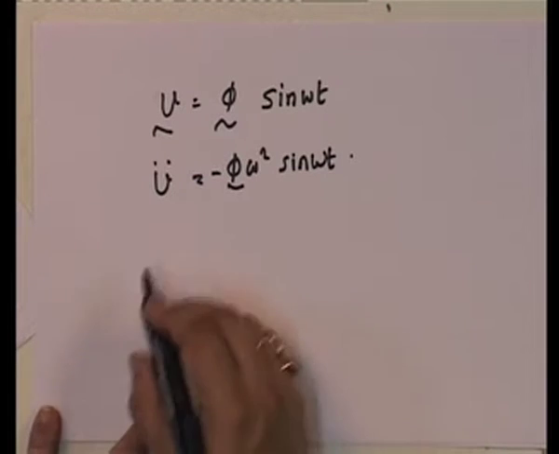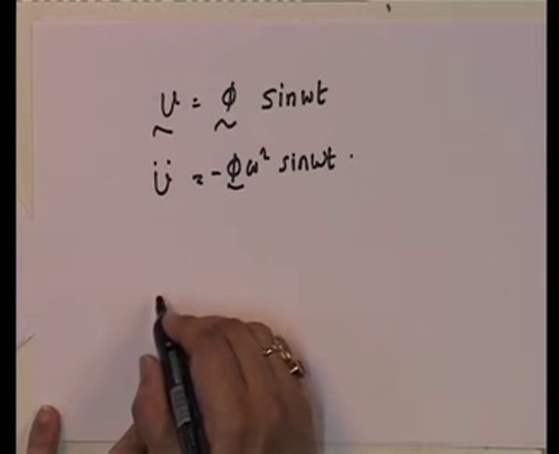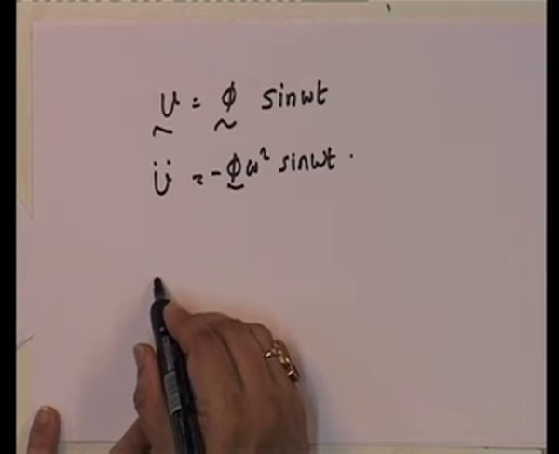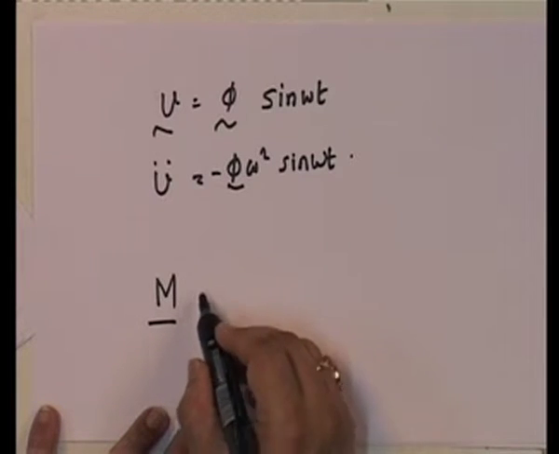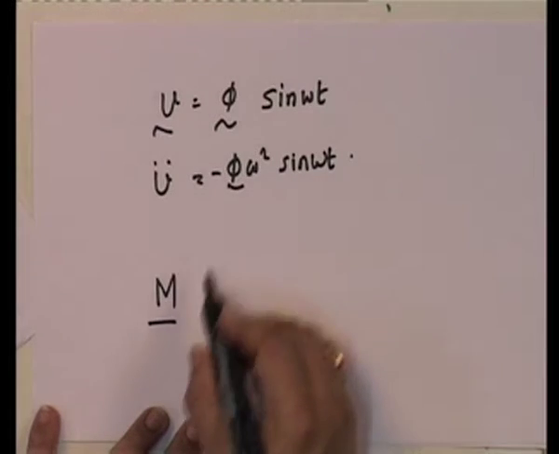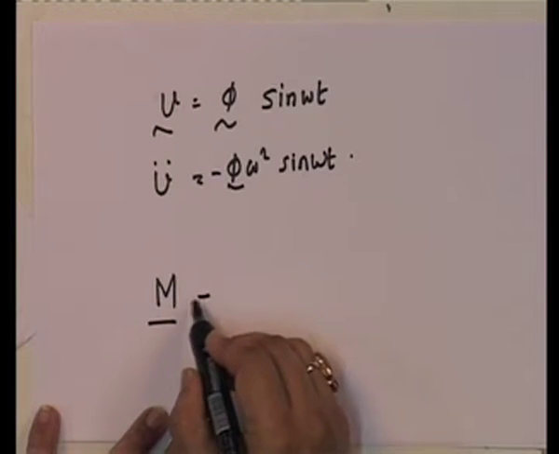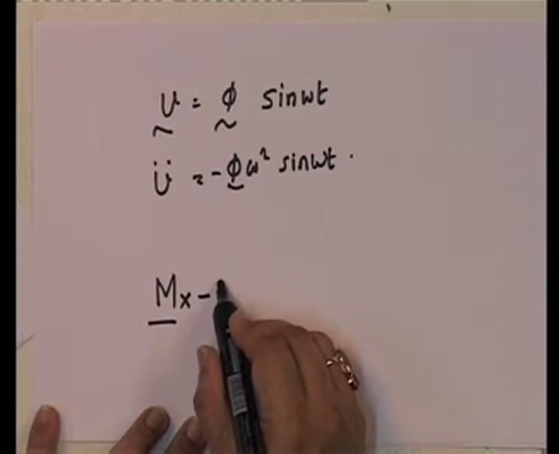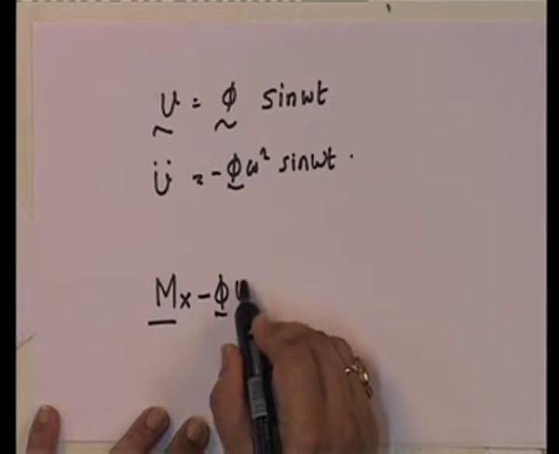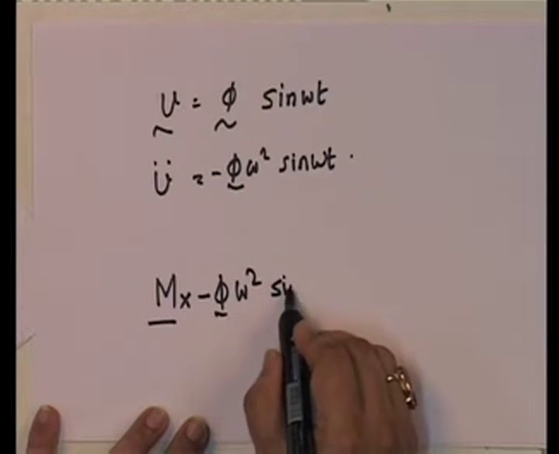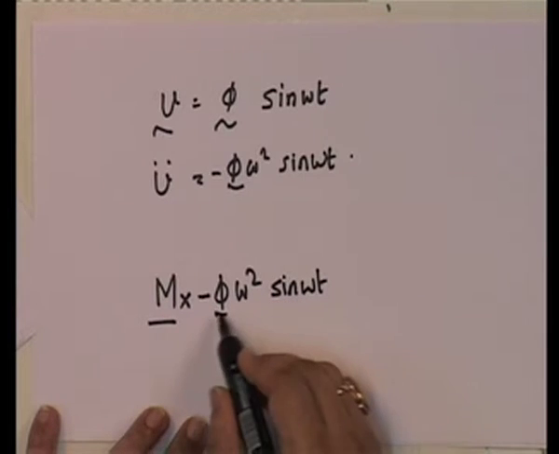So, what this becomes is the following: m into V double dot is m multiplied by minus phi omega squared sin omega t.